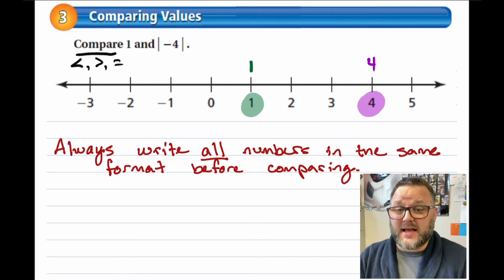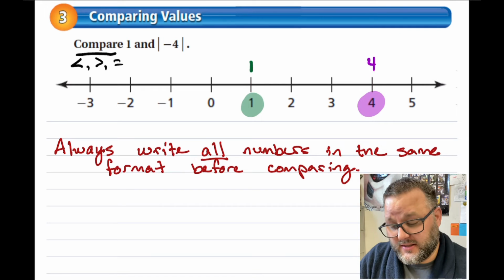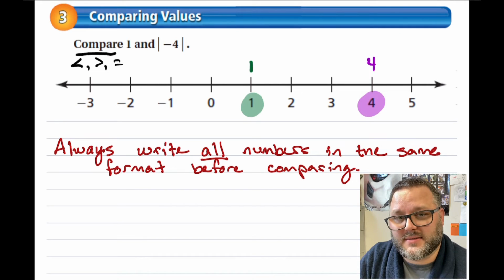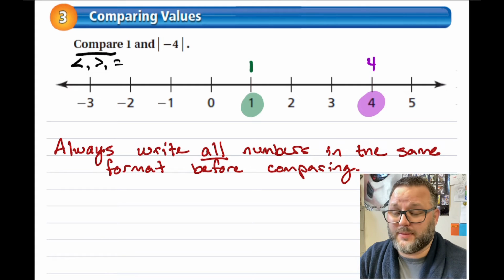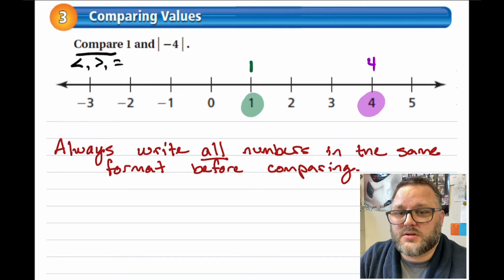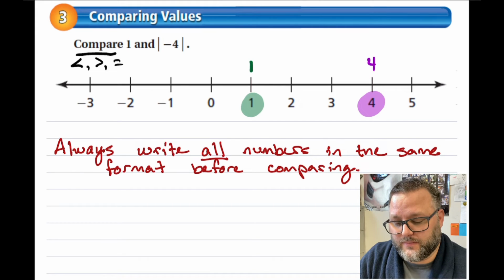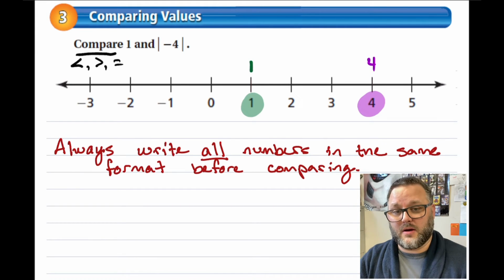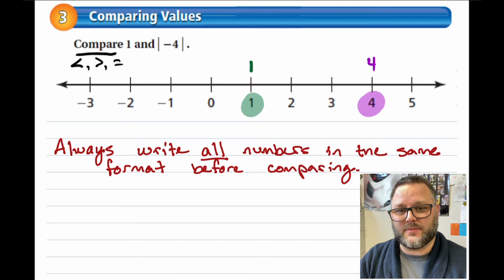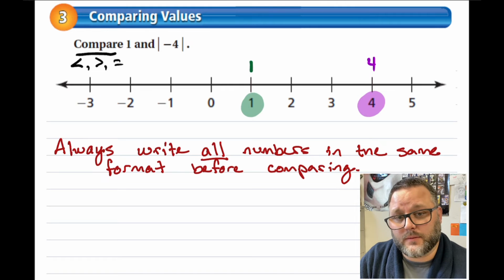What is the same thing, different format, or same value, different format, so I can substitute in. In this case, 4 has the same value as the absolute value of -4. So we can substitute it for the absolute value of -4.